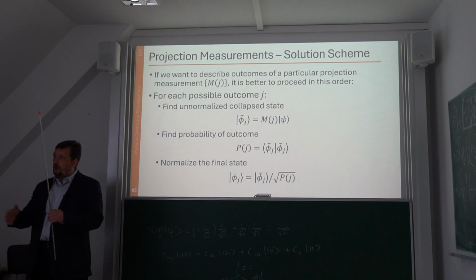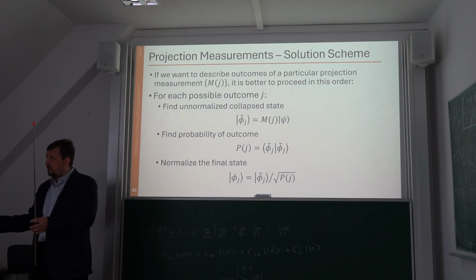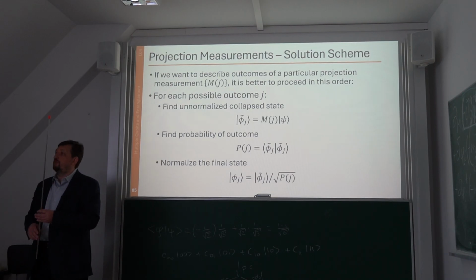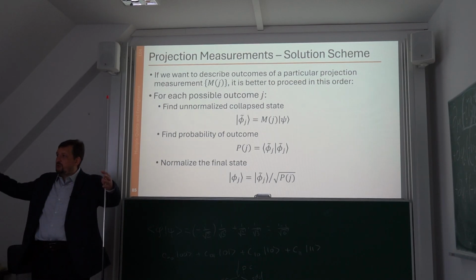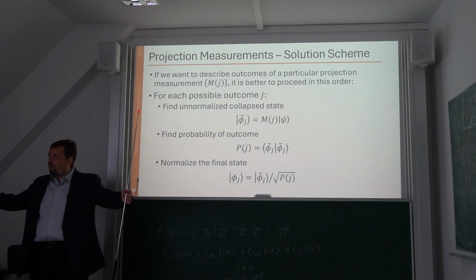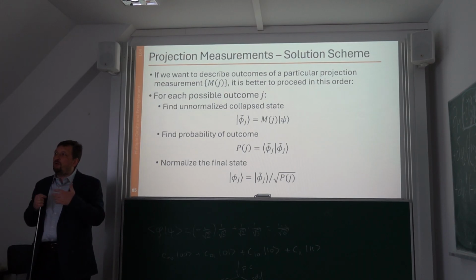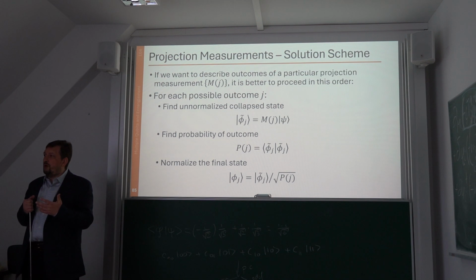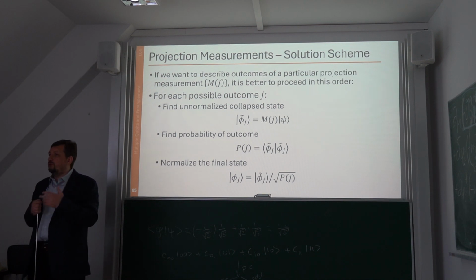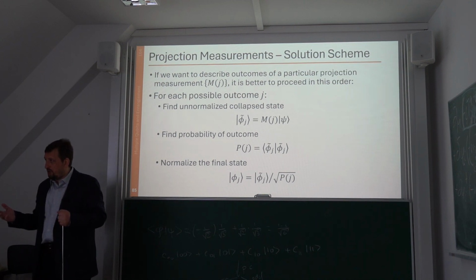For example, a complete measurement of a 2-qubit system. We have 4 outcomes: 00, 01, 10, 11. But all these directions are also orthogonal directions in this phase space of 2 qubits. When we are talking about more than 1 qubit, it's already very difficult to have some geometric representation.